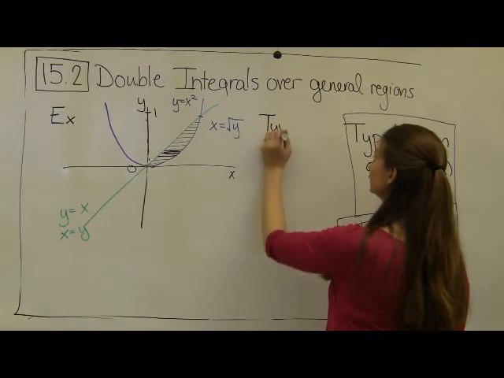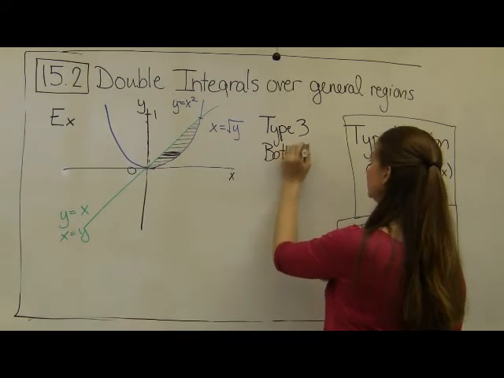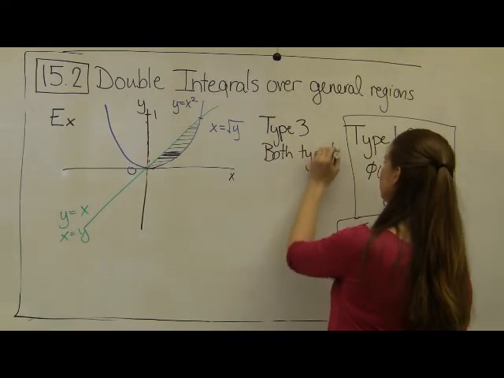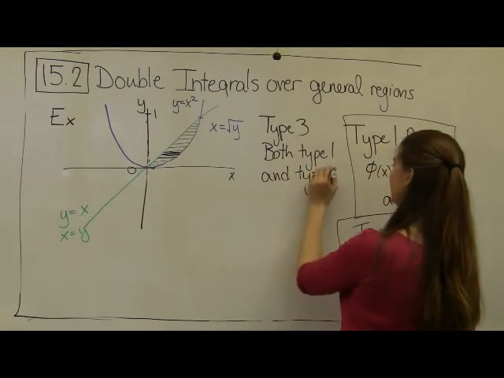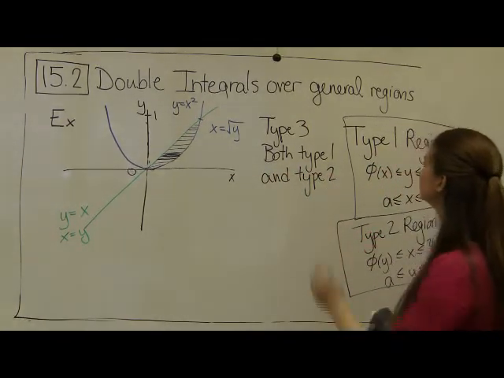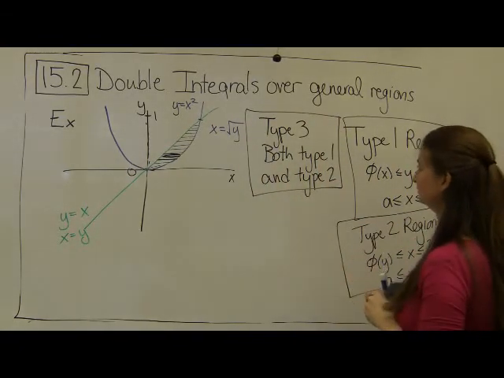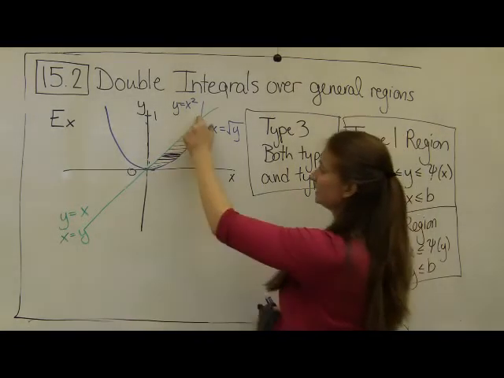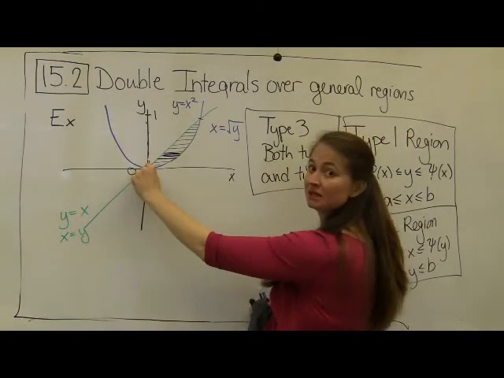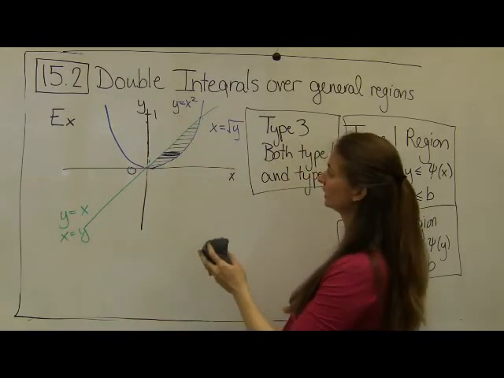So type 3 is both type 1 and type 2. And the reason why it was both type 1 and type 2 in this case is the fact that these curves are meeting at points. So it was easy to have fixed values for those, although there are other cases as well.